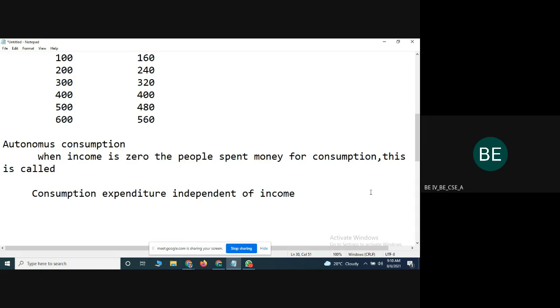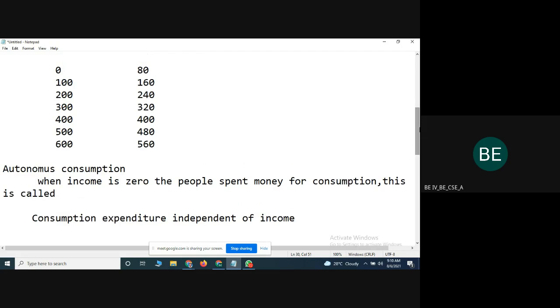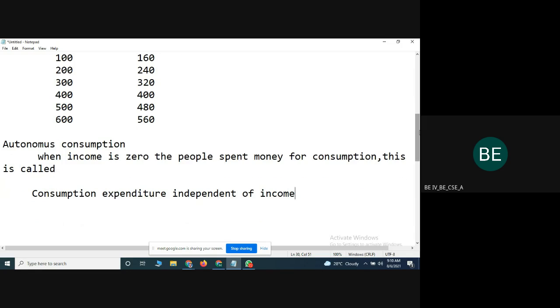For example, consider the first scenario, where the person's income is zero. Assume that he doesn't have a job. Even though that person's income is zero, he is still spending on certain consumption. So consumption expenditure is independent of income. This is the concept of autonomous consumption.